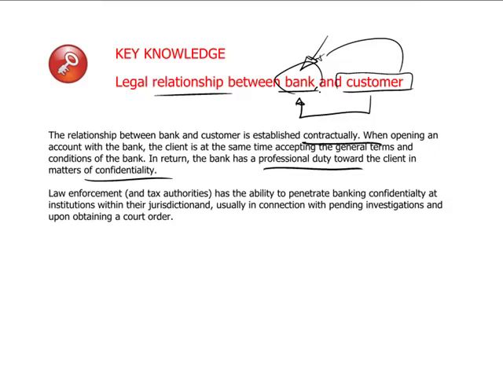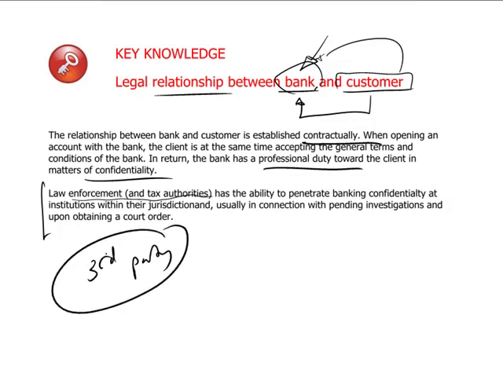And then the final angle to keep in mind here is the position of the legal authorities, justice and tax authorities, which really constitutes a third party entering in or affecting the relationship between bank and customer in terms of launching investigations, wanting to ensure that money laundering is not being practiced, and of course to make sure that companies are paying their fair share of taxes.